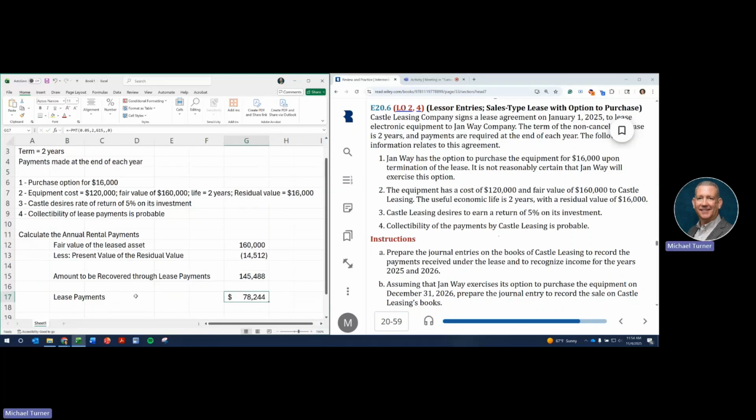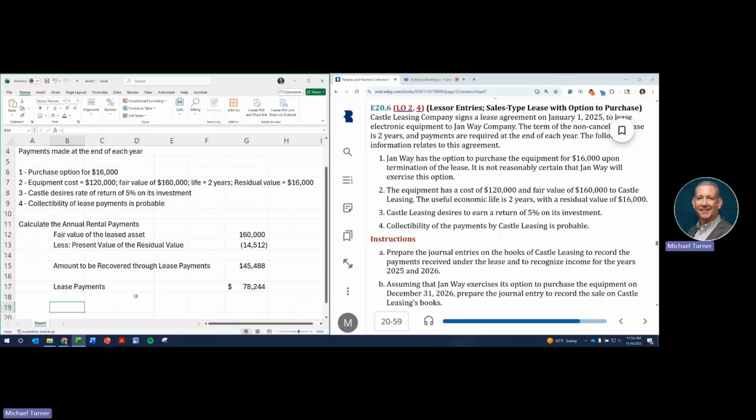Okay, given what we know about this lease now, we do know that the present value of the payments is $145,488. And so then our question is, is this greater than 90%? So let's do the 90% economic value test.